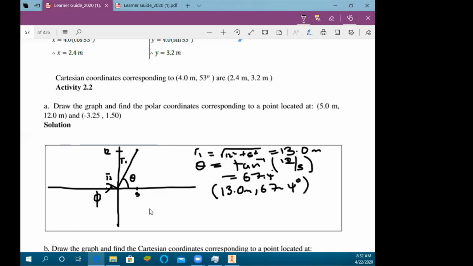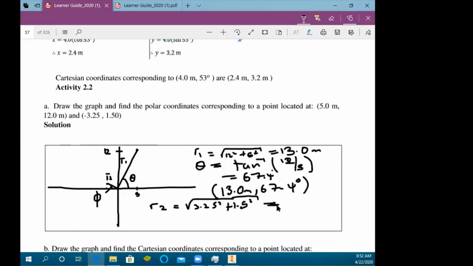Now let's find R2. R2 is equal to square root of, in this case we have 3.25 squared plus 1.5 squared, right?